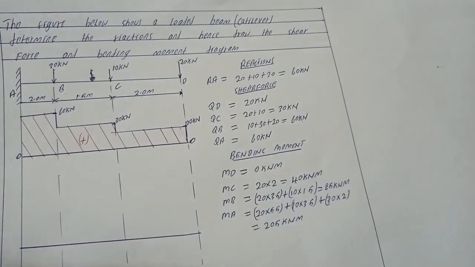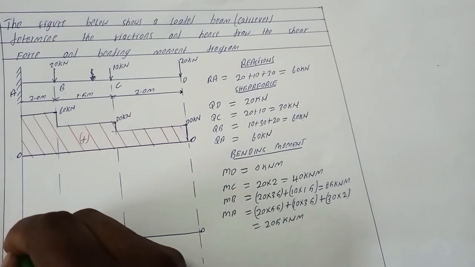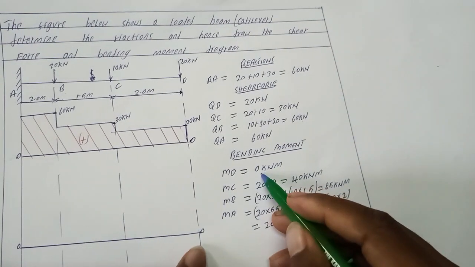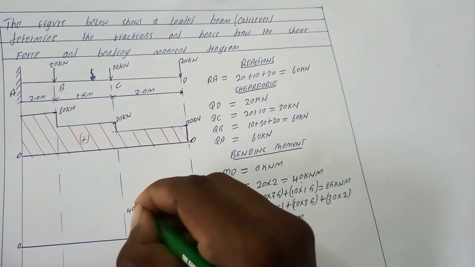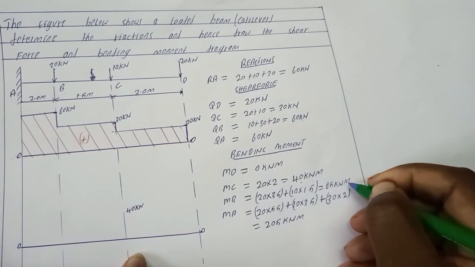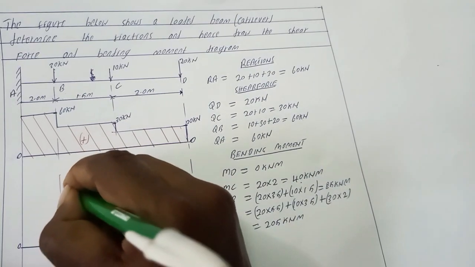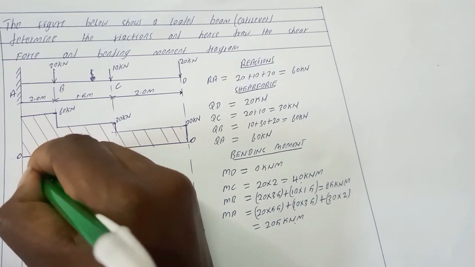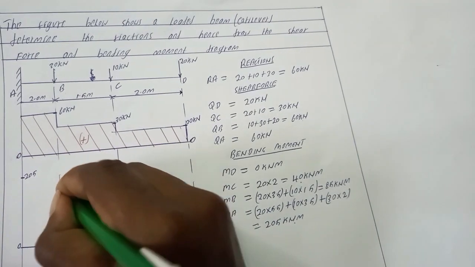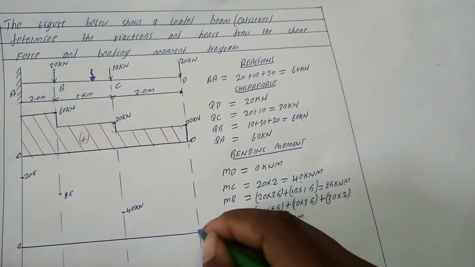So we have my baseline, point 0. Moment at D is 0. Moment at C is 40. Moment at B is 85. Then moment at A is 205. So we have this point, this one, and then 0.